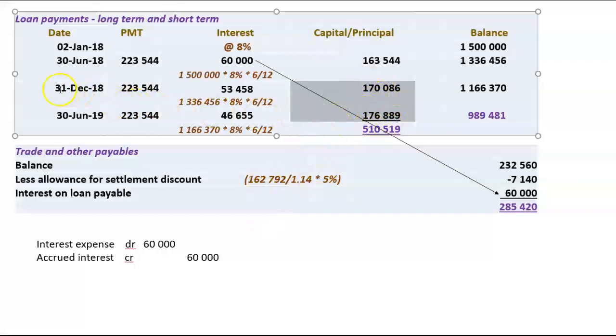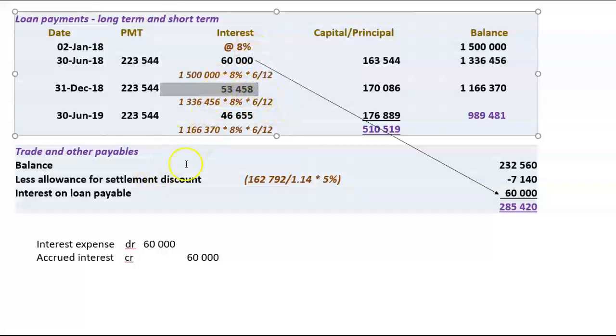So therefore, I have to work out in my amortization table the next two payments in order to derive the total short-term portion of the long-term loan. The payment that's going to take place on the 31st of December will be based on the outstanding capital balance of 1,336,456 multiplied by 8% for a 6-month period, which will give you interest of 53,459.